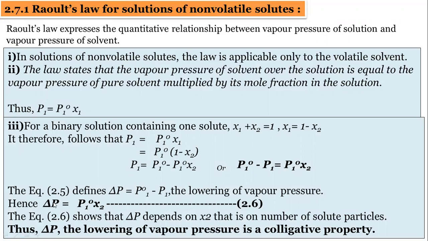What is delta P? Delta P is the lowering of vapor pressure. P01 is what? Vapor pressure of the pure solvent, and X2 is what? It is the mole fraction of the component. So equation 2.6 shows that delta P depends upon X2, where X2 is what? That is the number of solute particles.